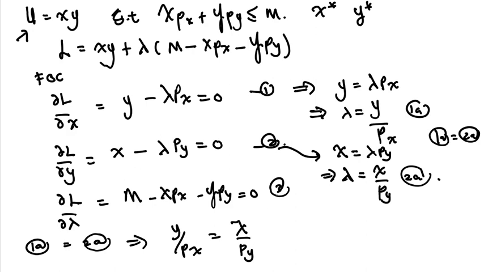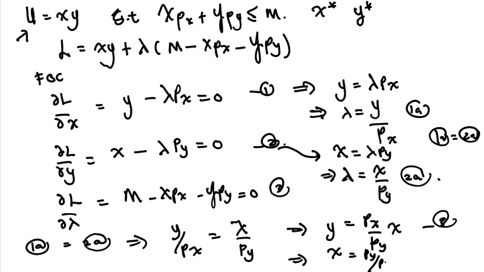From here we have y equals px over py times x. I call this one 3. Also from here we have x equals py over px times y. I call this one 4.